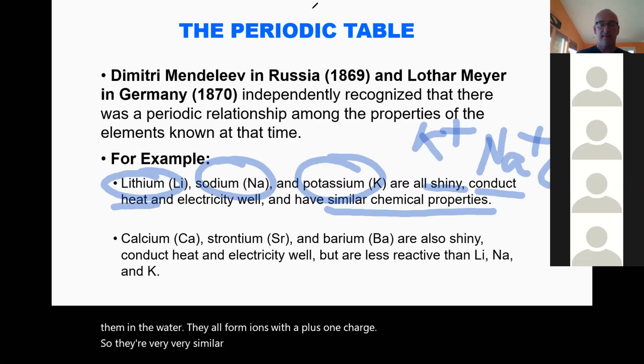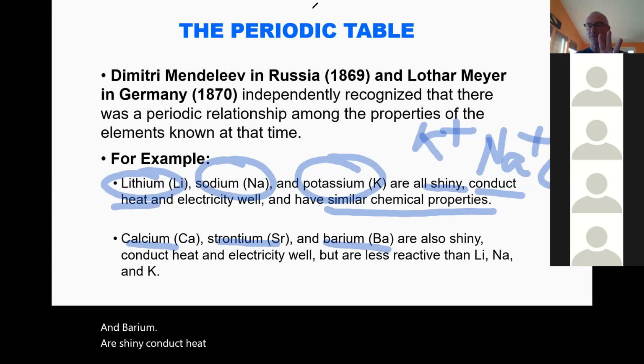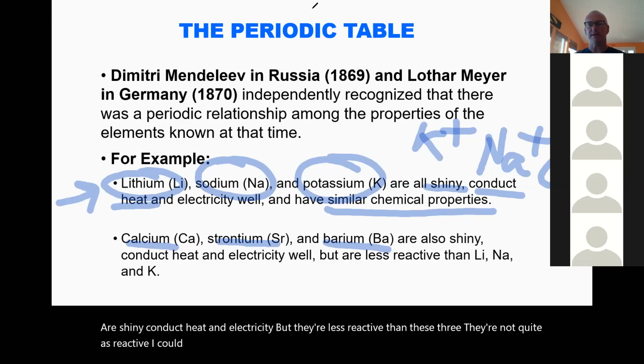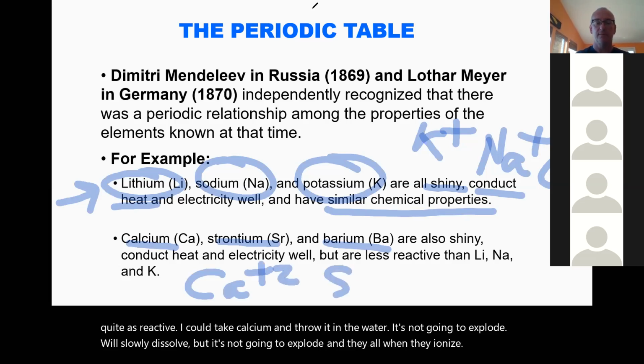In the same way, calcium, strontium, and barium are shiny and conduct heat and electricity, but they're less reactive than these three. They're not quite as reactive. If I took calcium and threw it into water, it's not going to explode. It'll slowly dissolve. And when they ionize, they all form +2 ions.